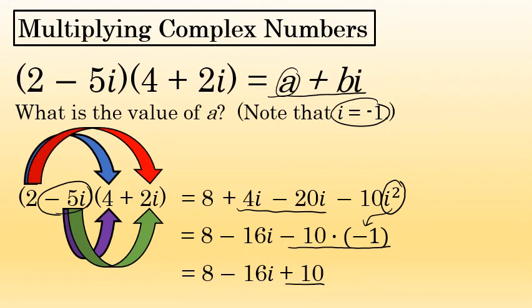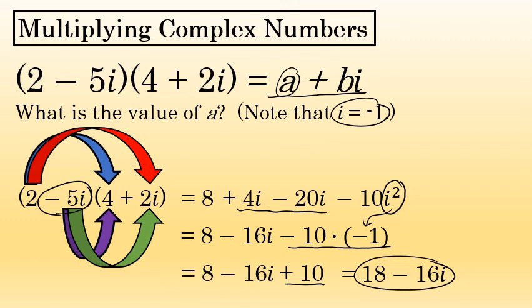The first term and the last term, 8 and 10, are like terms. 18 is that sum, which means that this product is 18 minus 16i. 2 minus 5i times 4 plus 2i is exactly 18 minus 16i.